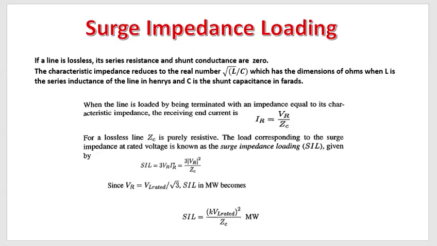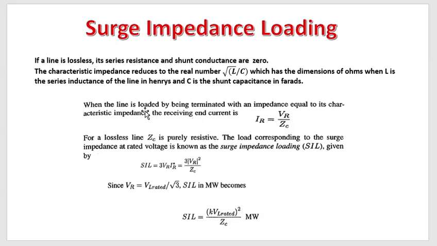Always remember that if a line is lossless, its series resistance and shunt conductance are taken as 0. The characteristic impedance now reduces to a real number with no imaginary part, and the real number will be equal to under root L over C, which has dimensions of ohms, where L is the series inductance of line in Henry and C is the shunt capacitance in Farad.